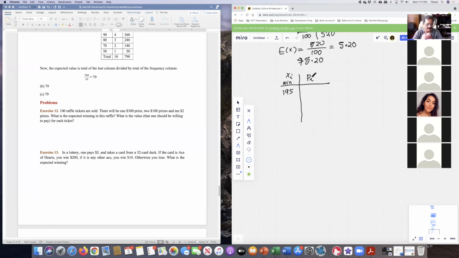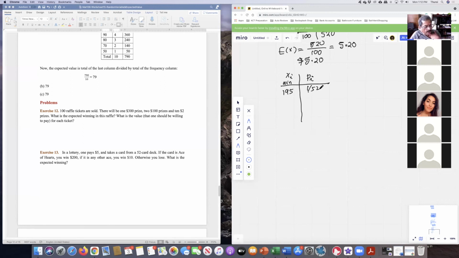Right, very good. There are 52 cards and you're allowed to select one card, and it has to be ace of hearts to be the winner of 200. So that means there's one element in the event, the winning event, and 52 elements in the sample space. So it's 1 over 52. Very good. That is correct.